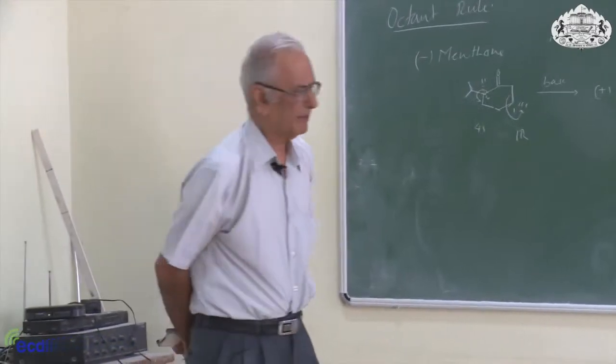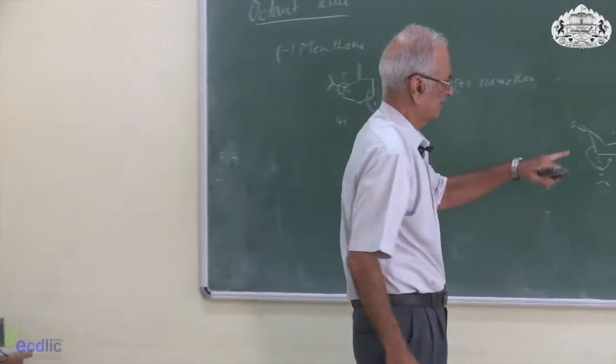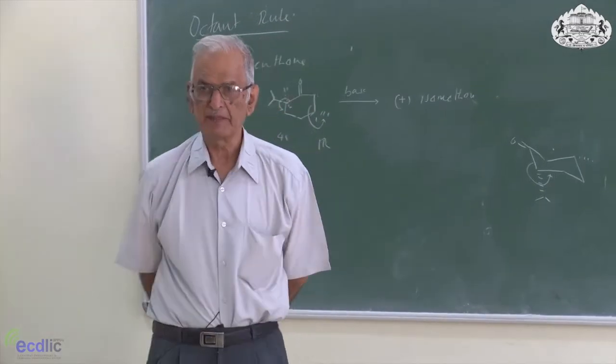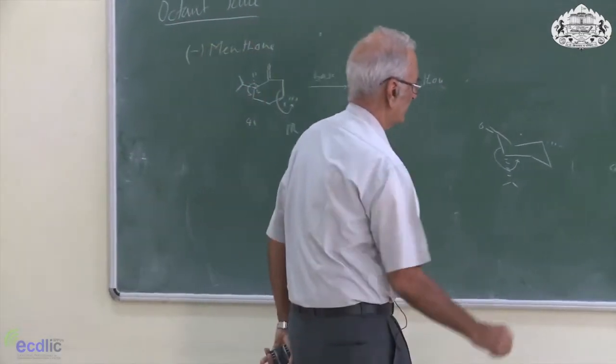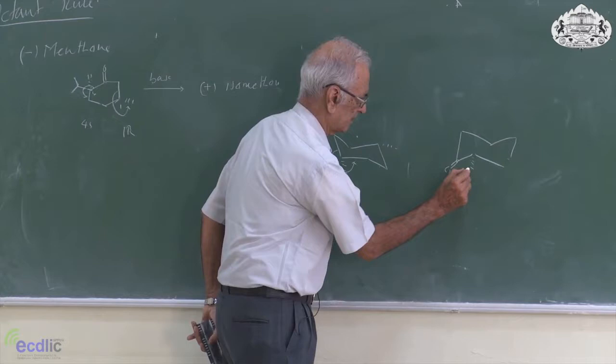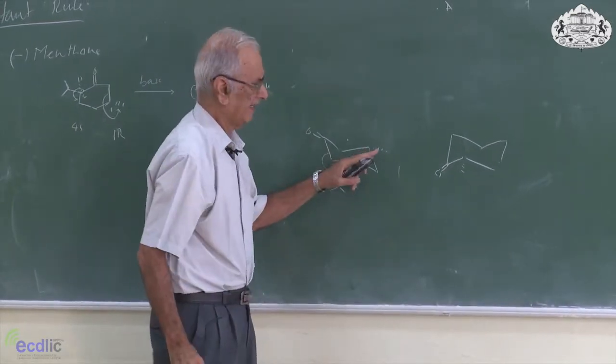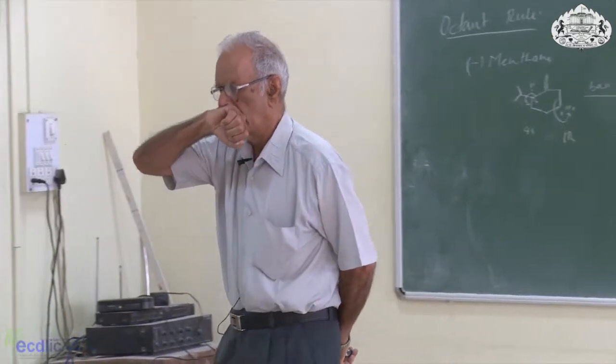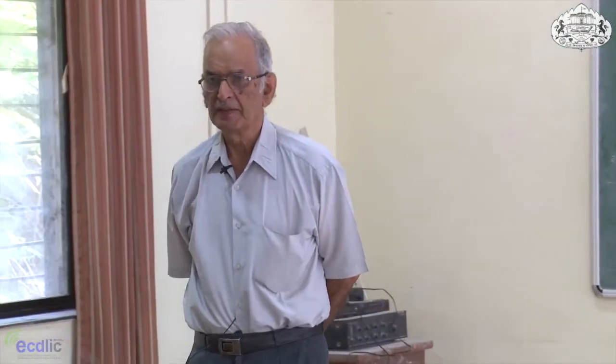When I ring flip, what should happen? The axial isopropyl group will now become equatorial, and the equatorial methyl group will now become axial.